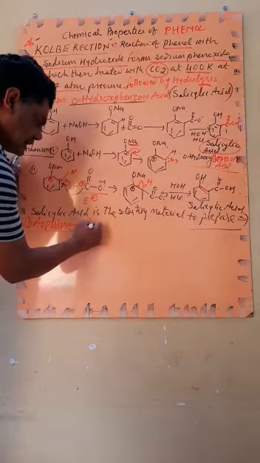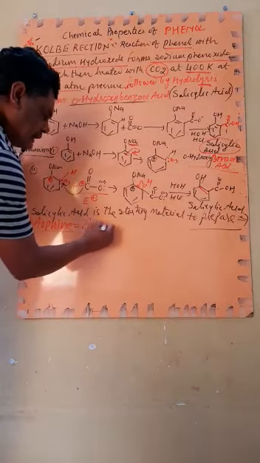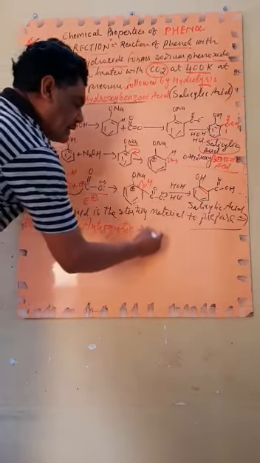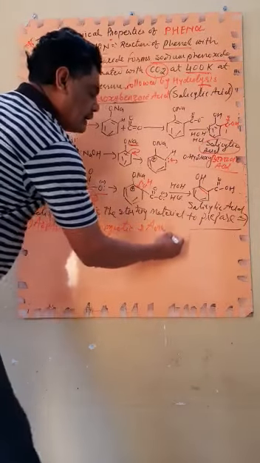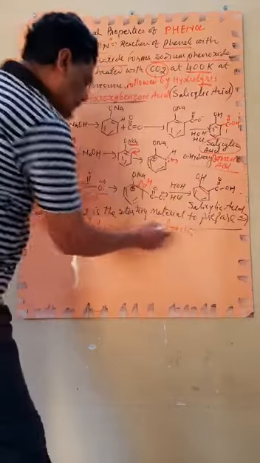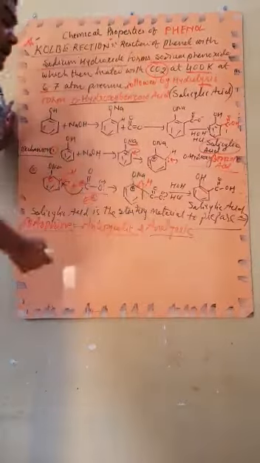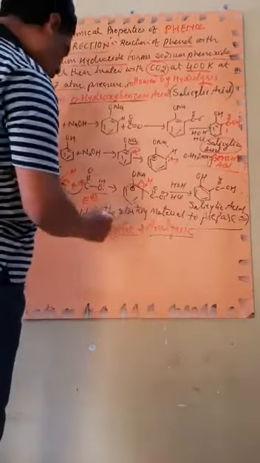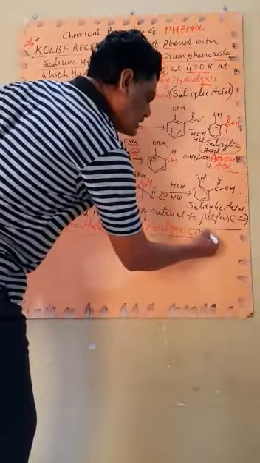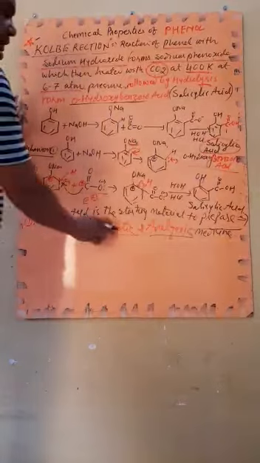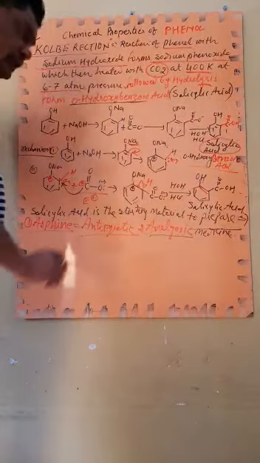It is the medicine used as an antipyretic and analgesic. Antipyretic slows down the body fever, and analgesic removes the pain. So 2 very important medicines are prepared from salicylic acid. This medicine is also used for blood pressure patients.